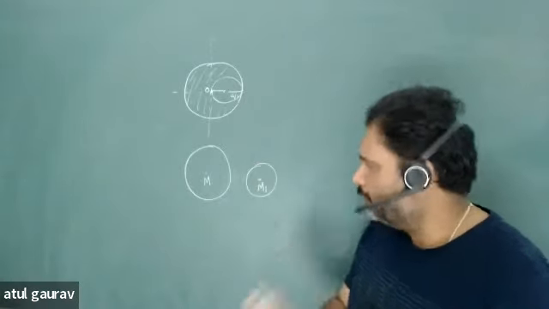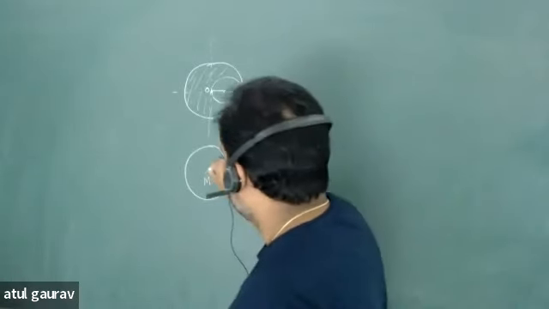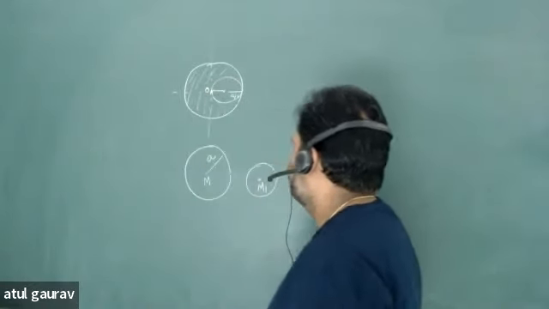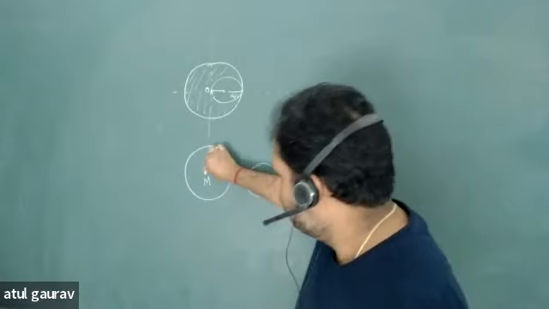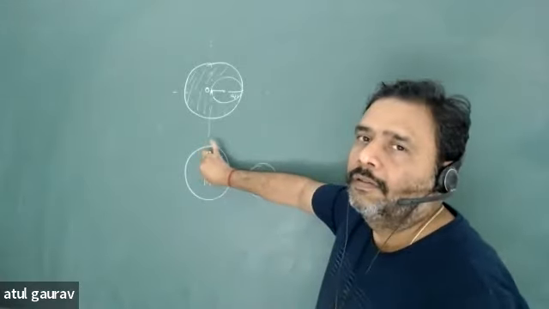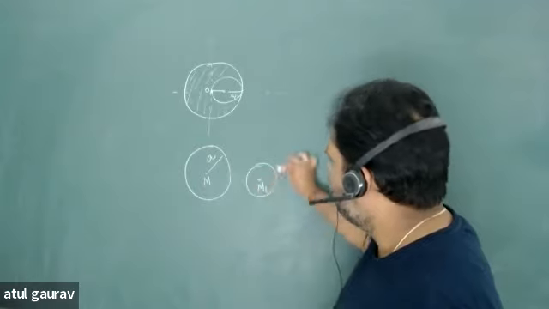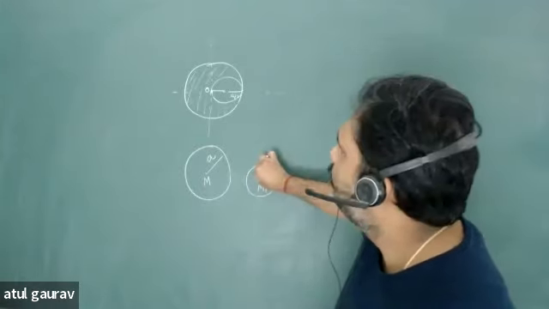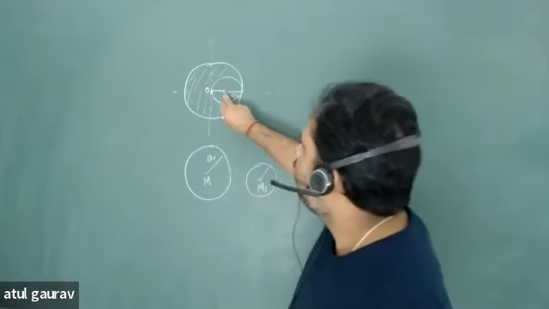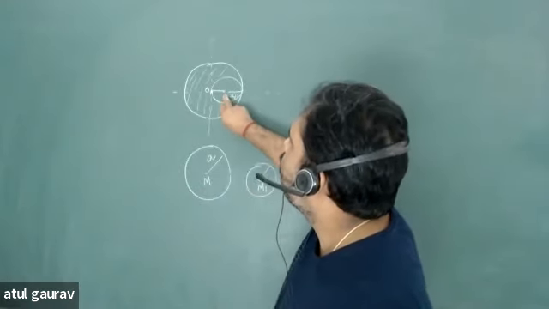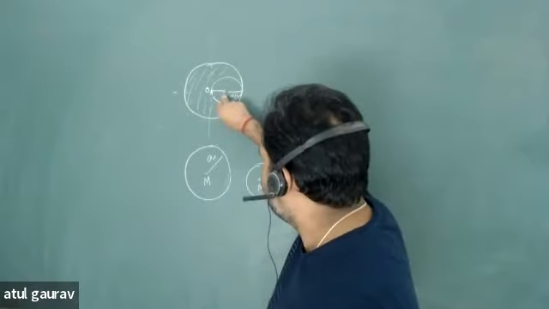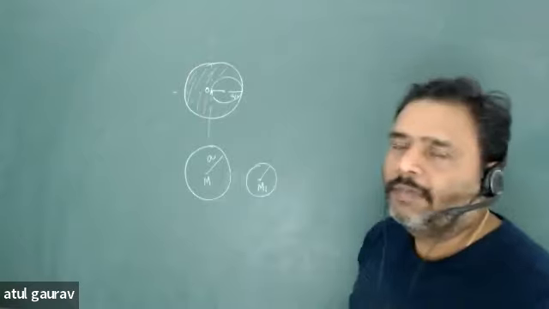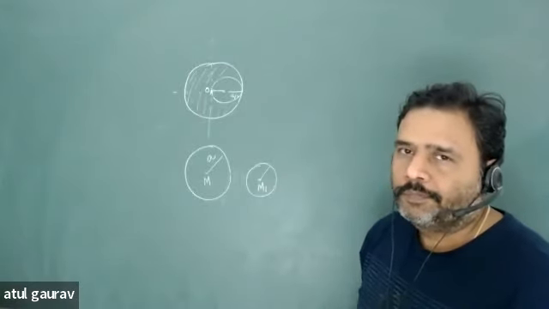Yes, sir. What I am trying to say, if this has radius a, where is the center of mass of this particular system? At the center. And if it has radius a by 2, where is the center of mass? At this center. It is a different issue that this center has a different coordinate with respect to this one. Are you getting my point or not? Yes, sir.